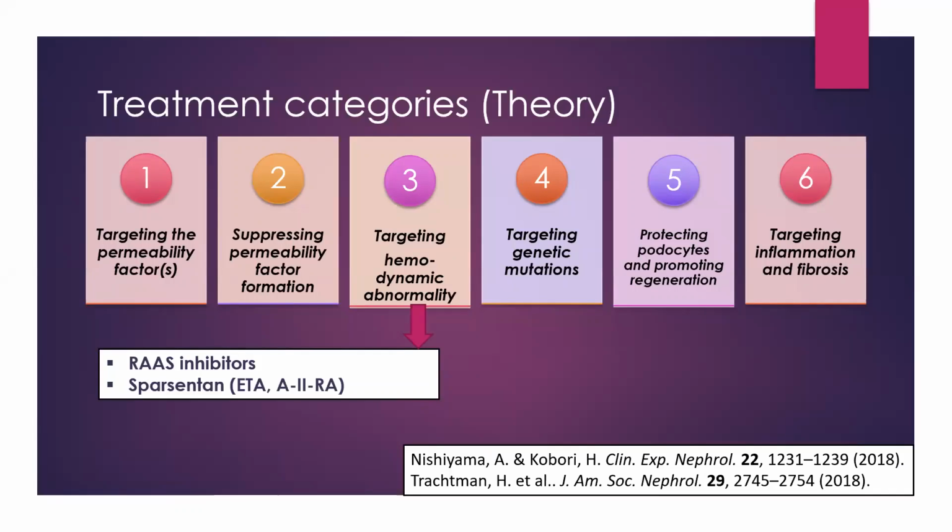Category 4 is targeting the hemodynamic abnormality. The biologic treatments, those two, are for the primary form because they act on the permeability factor. This one is targeting the hemodynamic abnormality, and it will be for all, but mostly for the maladaptive and to a lesser extent the primary factor.